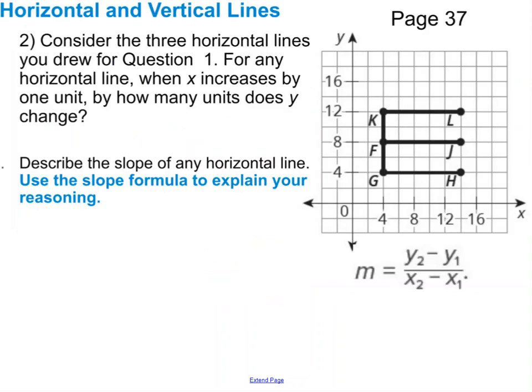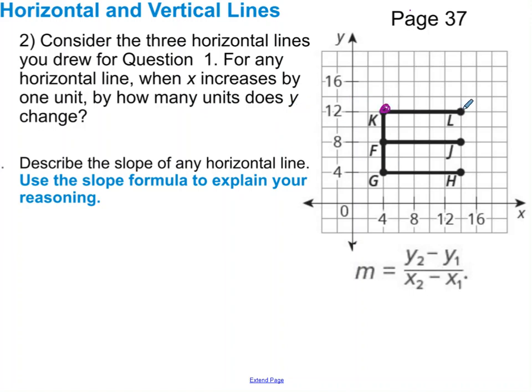The next thing is, how do I do horizontal and vertical lines? The slope is easy to find, but difficult. So consider the 3 lines you drew for question 1, which looks like this. For any horizontal line, when x increases by 1 unit, how many units does the y change? So let's just do that here.